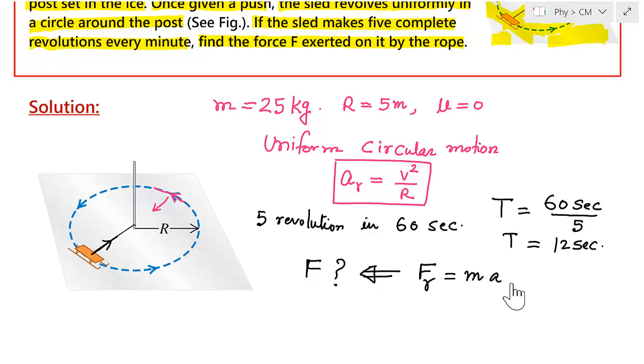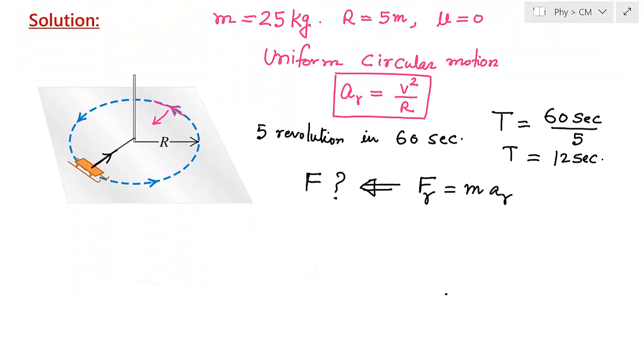So it is mass times acceleration, and the acceleration will also be in the radial direction. Before applying Newton's second law, we always make a free body diagram. So let us consider this axis, the radial direction axis, as my x-axis.